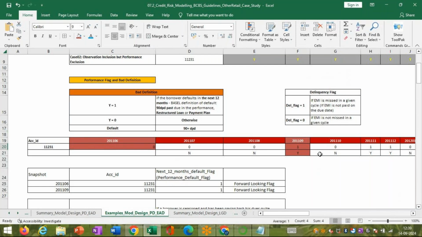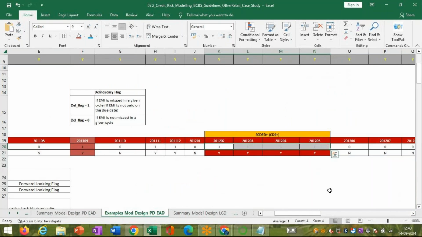So this is what I mean by the ever defaulter definition. In one snapshot, if you have defaulted in the next 12 months, as long as those 4 months of that 90 DPD keep on coming in the performance, the customer will keep on being flagged as a defaulter.